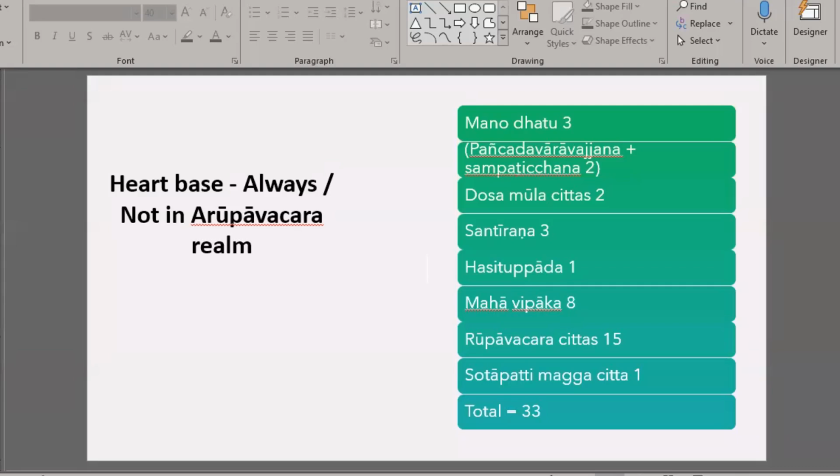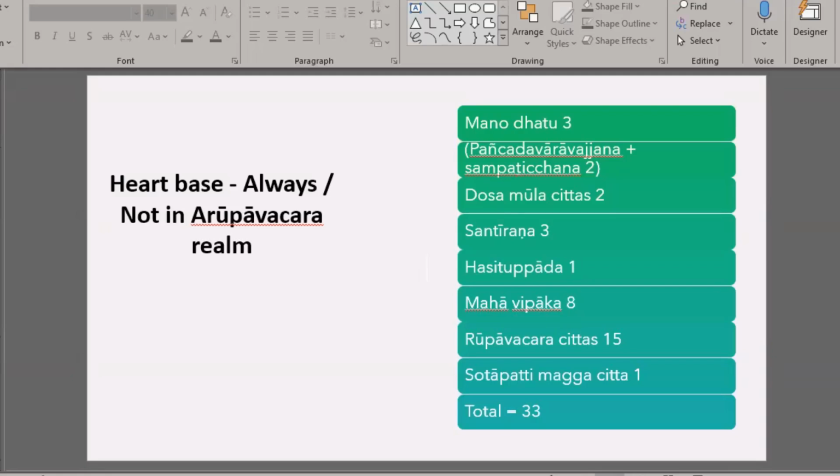So we need to listen to Dhamma to attain Sotapatti Magga. Therefore, Sotapatti Magga Chitta arises only in the Kamavachara realm and Rupavachara realm, because when Rupavachara Brahmas listen to Dhamma, they can attain Sotapatti Magga. Or when humans or Devas listen to Dhamma, they can attain Sotapatti Magga.